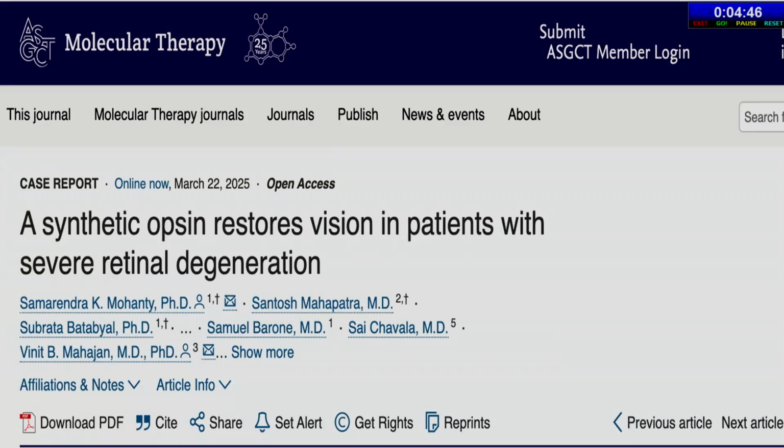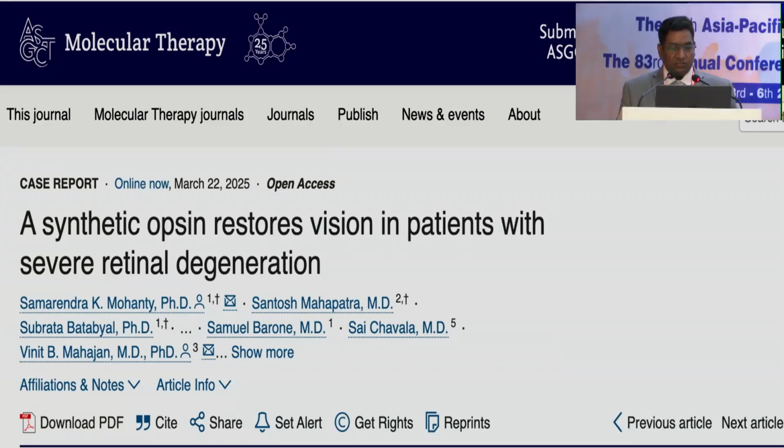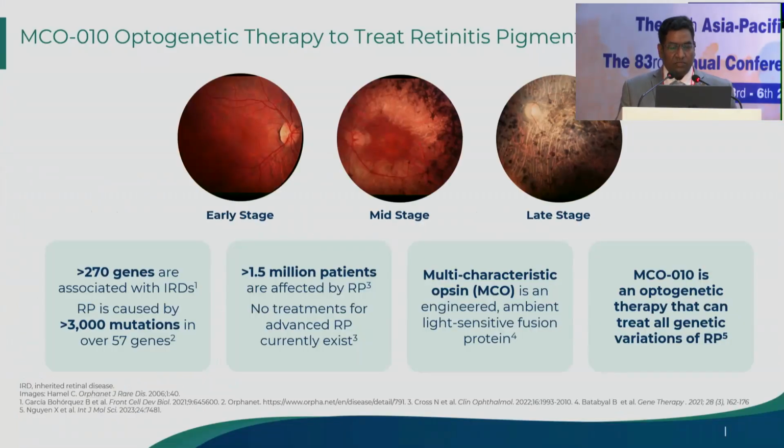So, good afternoon, everyone. I'm here to present the phase 2A open label study, long-term follow-up after intravitreal MCO10 in patients with advanced retinitis pigmentosa. A synthetic opsin that restores vision has already been published, and there are more than 3,000 mutations in RP, and every gene cannot be addressed.